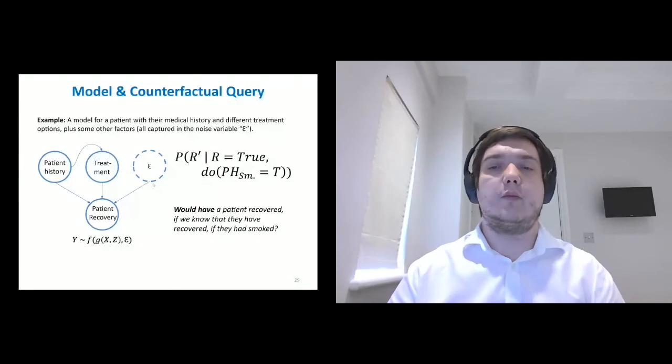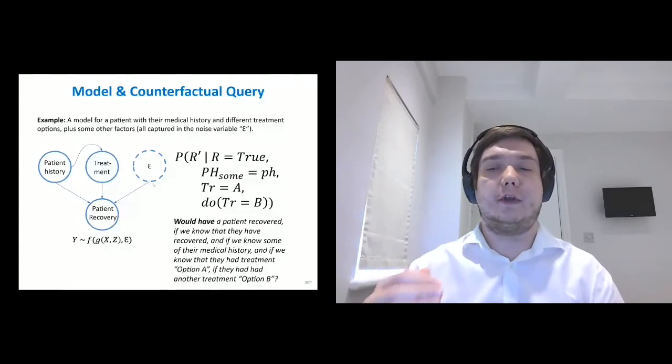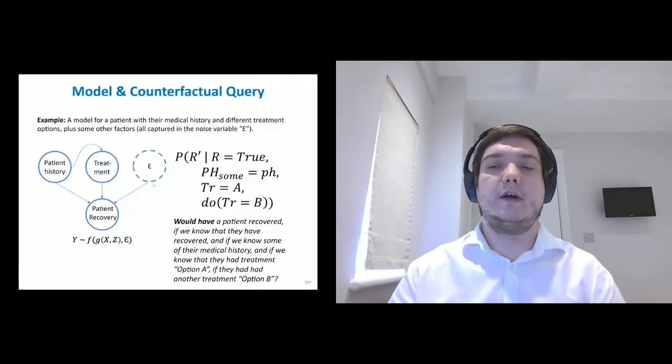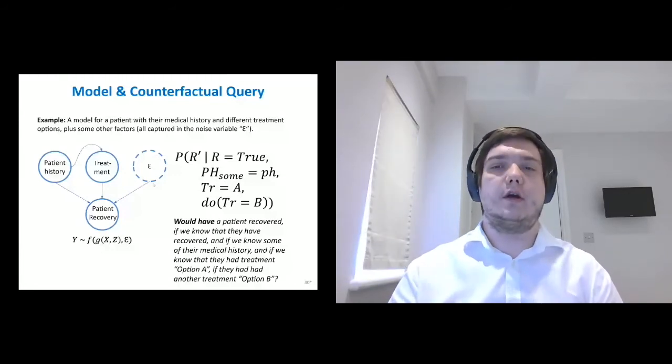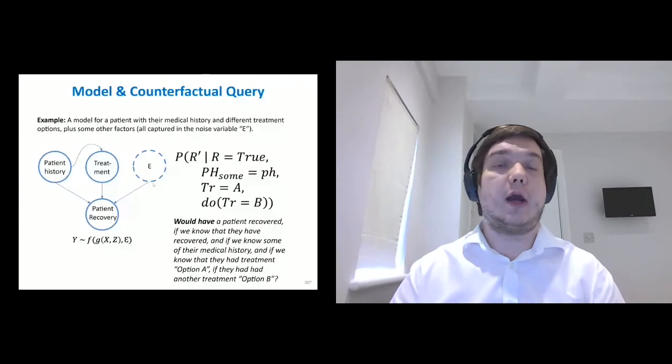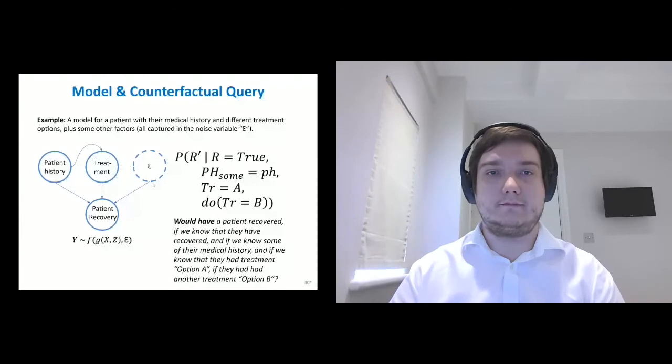Another example: would a patient have recovered if we know that they have recovered, and if we know some of their medical history as part of the observational query, and if we know that they had treatment option A, but if they had another treatment option B as part of the intervention, would they have recovered? It's another example of a counterfactual query for a medical application.